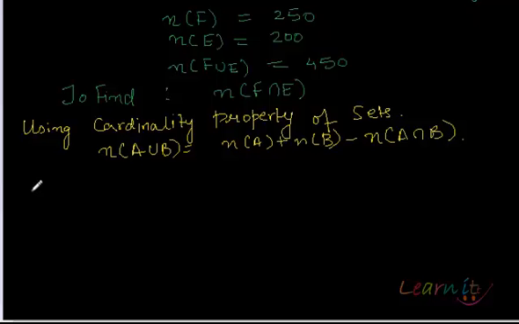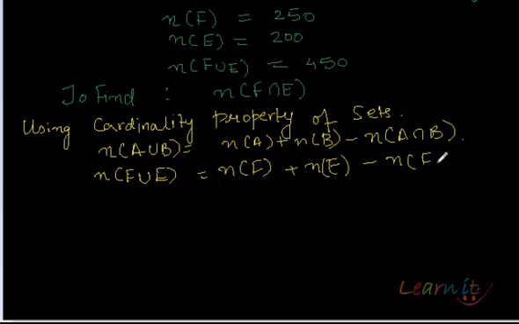So in this case it is n(F union E) equals n(F) plus n(E) minus n(F intersection E).